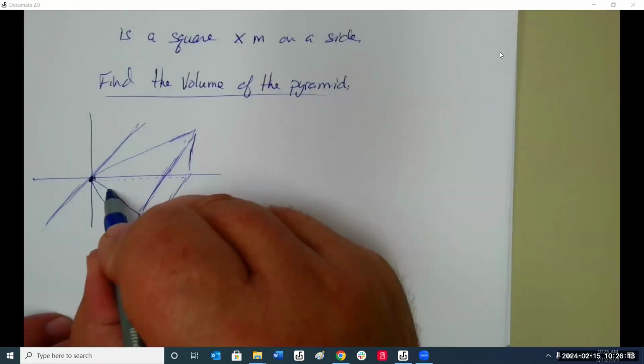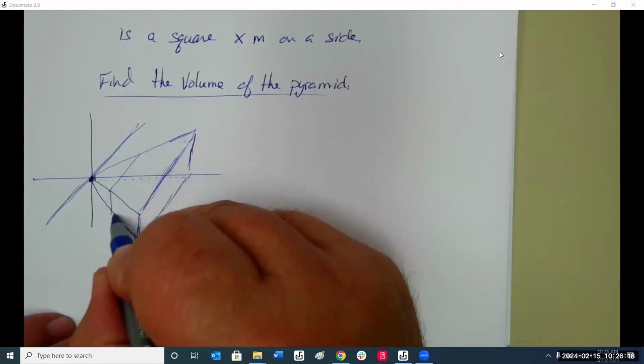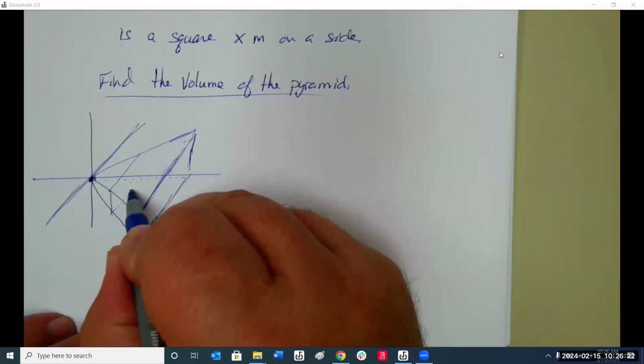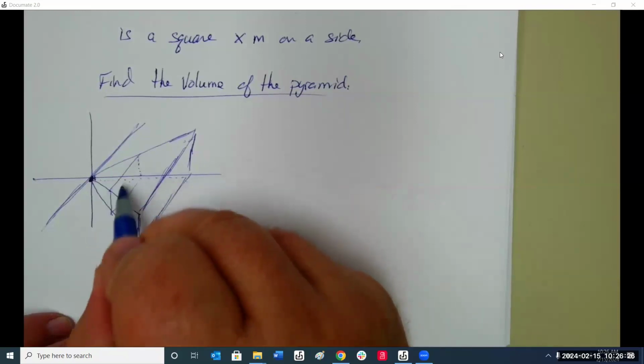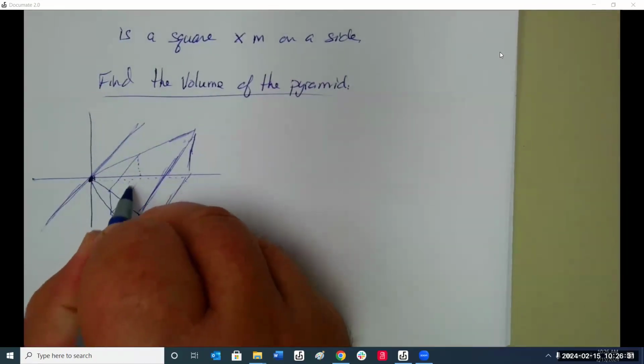So if we cut this, there's our plate. This is cutting through at x right there.